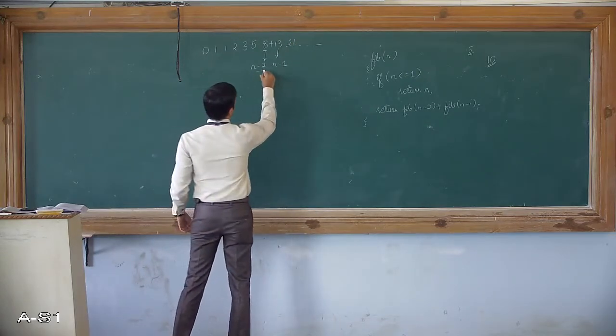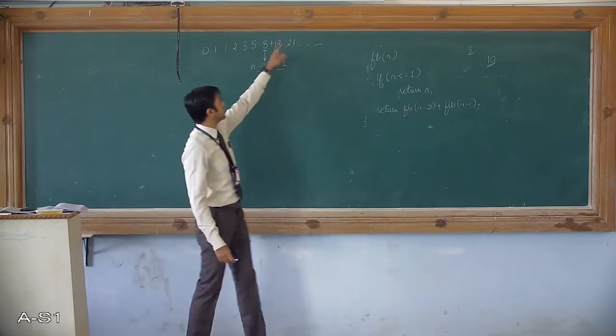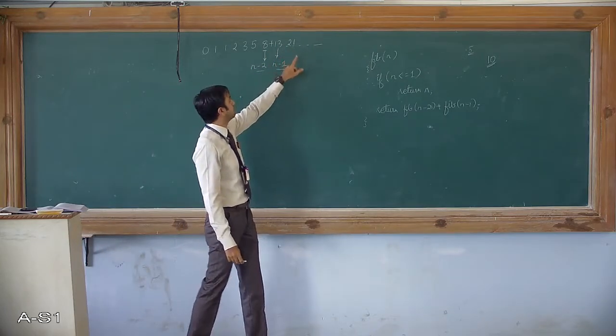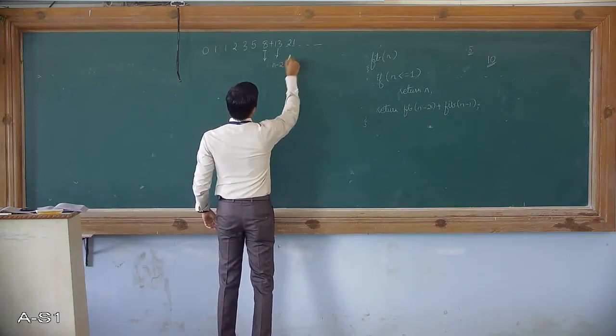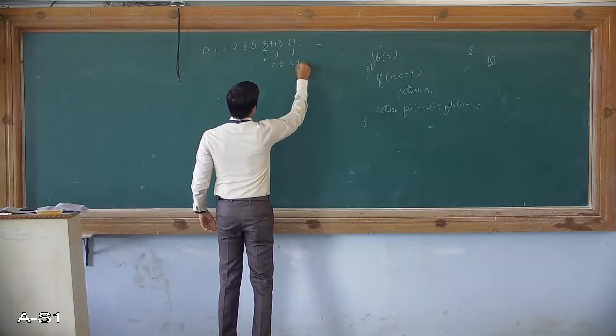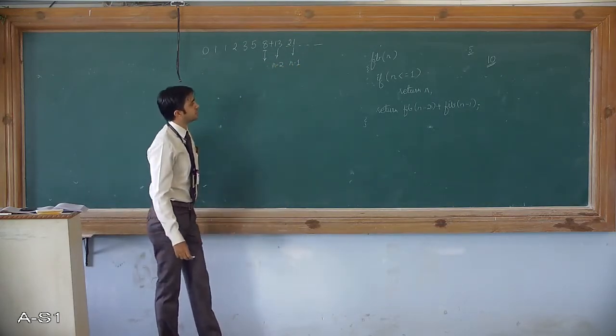That is why it is n minus 2 and n minus 1. If I want to calculate the next term, this is going to be n minus 2, this is going to be n minus 1. So this is how Fibonacci numbers are generated.